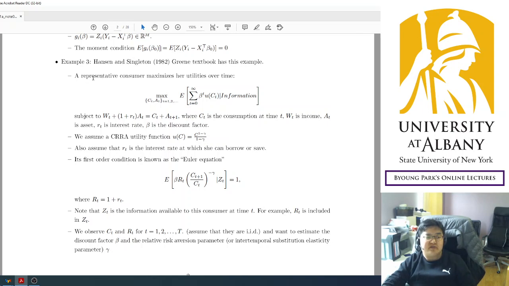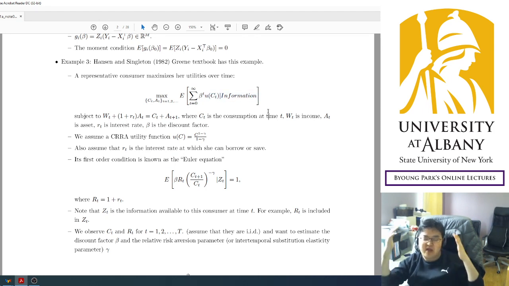The representative consumer chooses how much to consume and how much to save, and maximizes the expected discounted present value of utilities. So the sum of discounted utilities, right? Expectation of summation of discounted utility, conditional on the information you have.